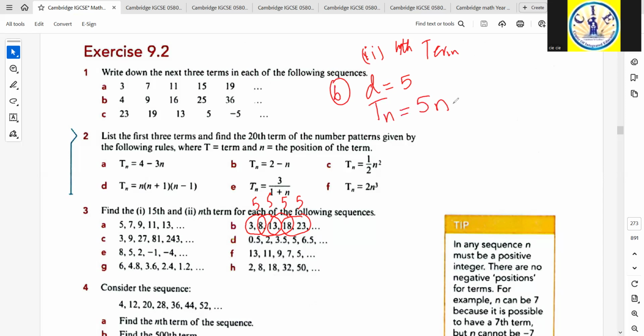Now I need to think, what should I add to 5 times 1 so that its first term becomes 3, the actual first term of this sequence. So obviously I need to add negative 2 to this. So my nth term would become 5n plus negative 2. So this is going to be the nth term.